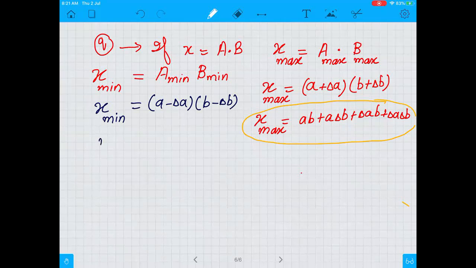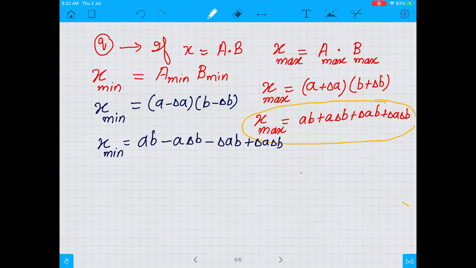Now if we multiply these two values, it would become AB minus A delta B minus delta A B plus delta A delta B.